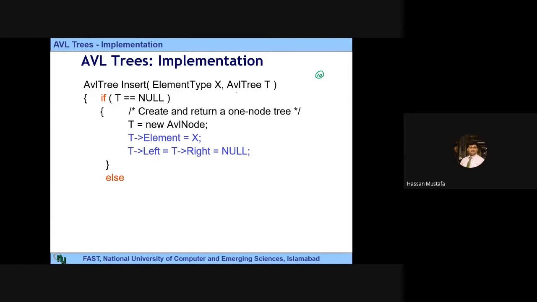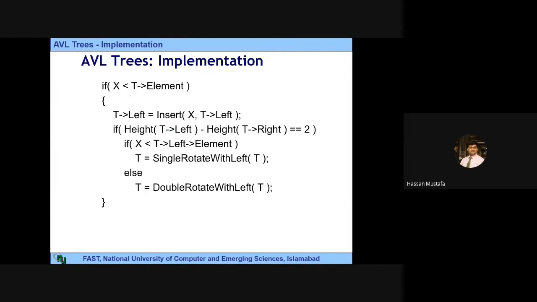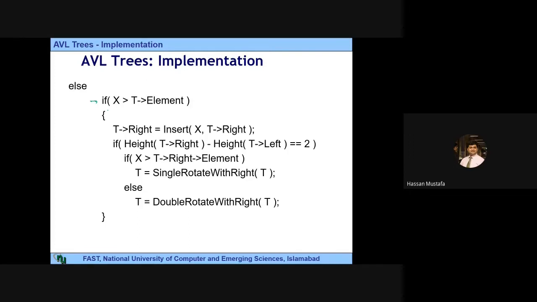In that case, the first call would be for the node 10. The node is not null. I go into the else part. The value is bigger, so I would not go in this if. We already saw this if. We go into this third if. So the value 15 is bigger than the value 10. So I call this insert function on the right side of the node 10. So I call this recursively and move this value 15 in the call.